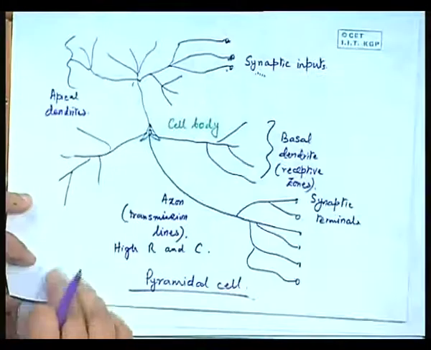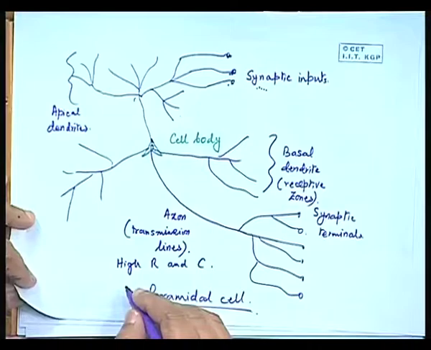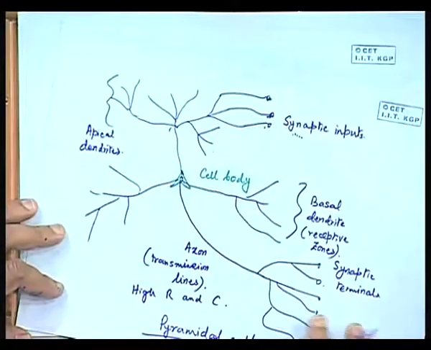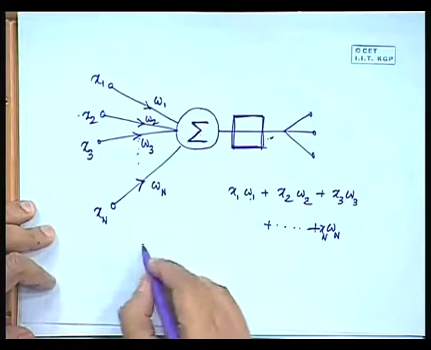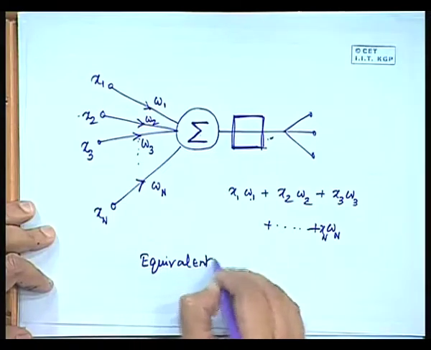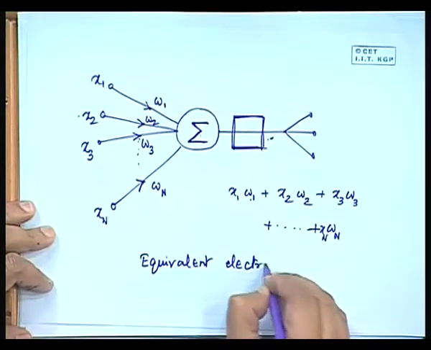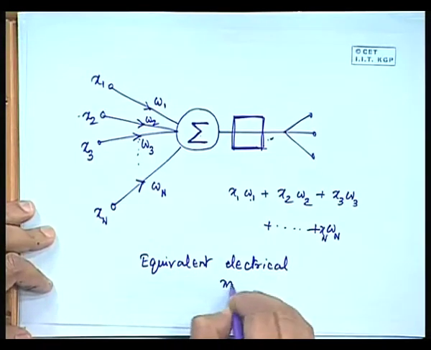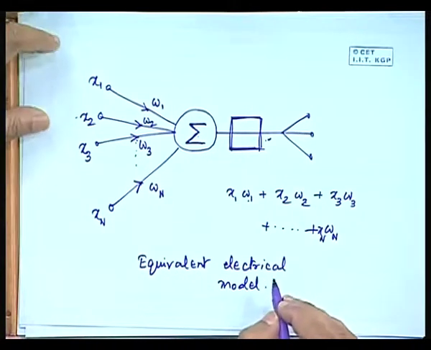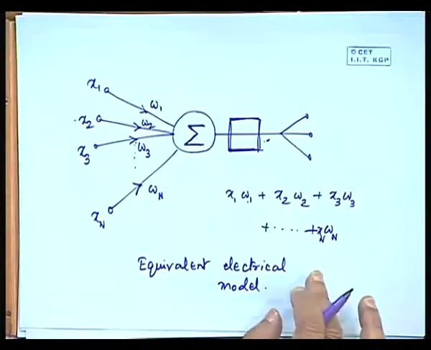So, this is the biological model of a nerve cell, with its inputs and outputs, and this is the equivalent electrical model. In fact, we will be considering such equivalent electrical models of artificial neurons in our course. Now, we give you an idea about what we are going to study in this course.